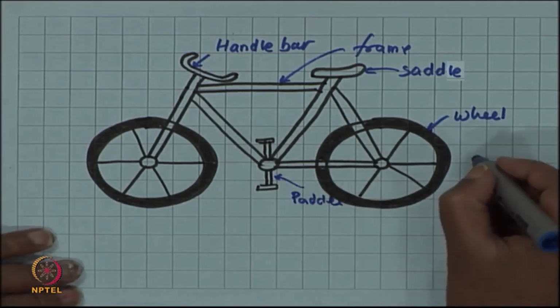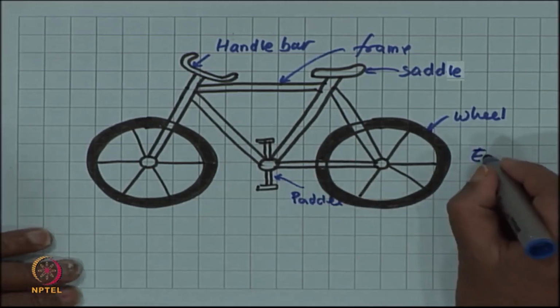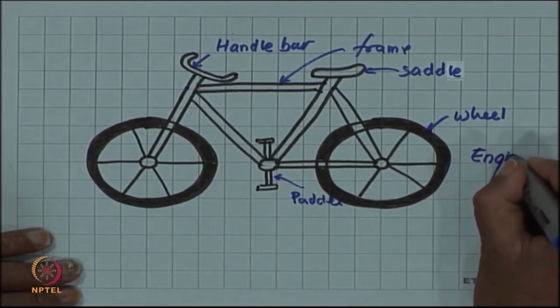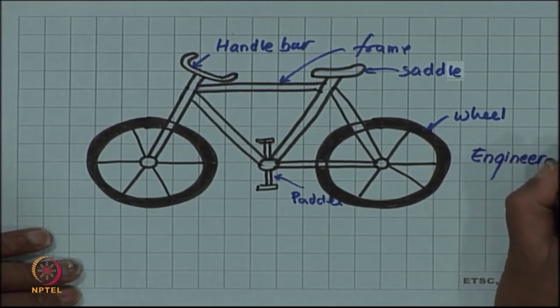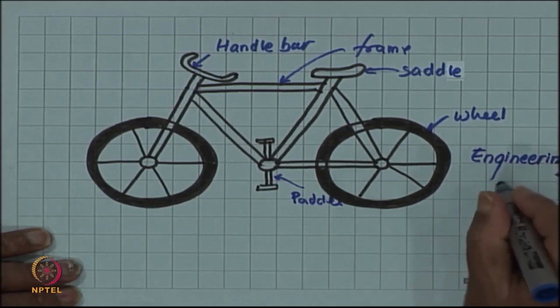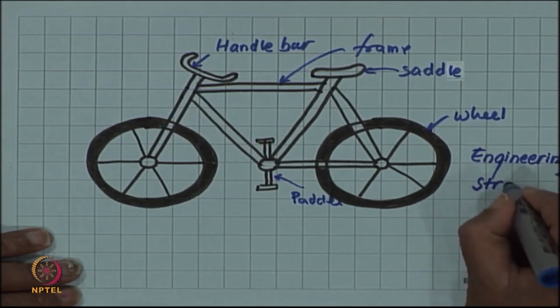This is designed for a particular function, and this can be our example of an engineering structure.